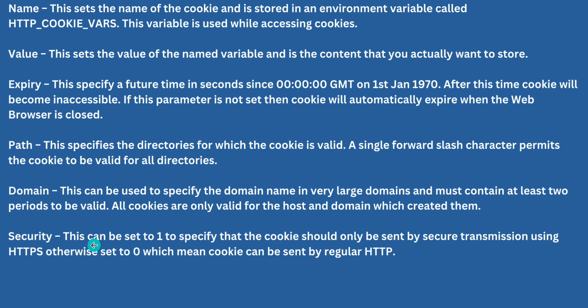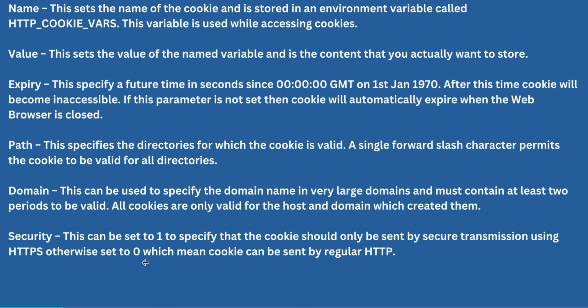And the last is security. How can you make the cookie secure? This can be set to 1 to specify that the cookie should only be sent by secure transmission using HTTPS. Otherwise set it to 0, which means cookies can be sent through regular HTTP.